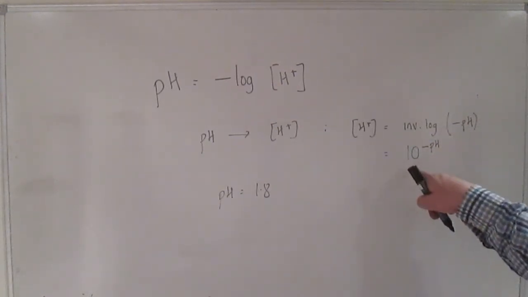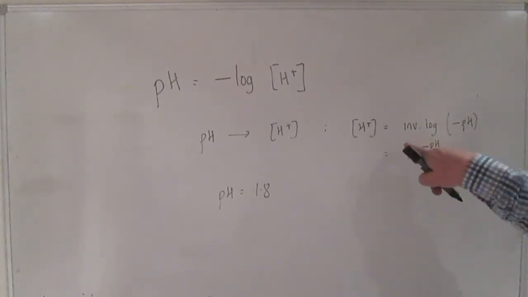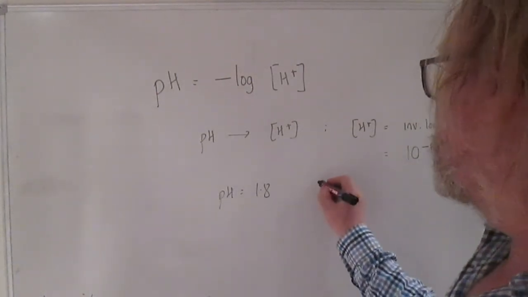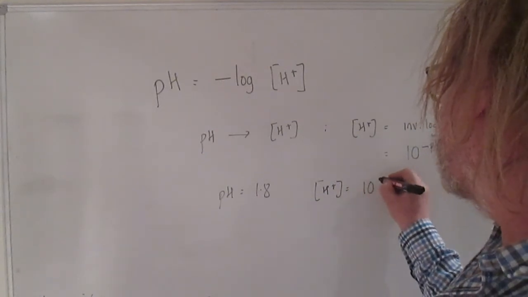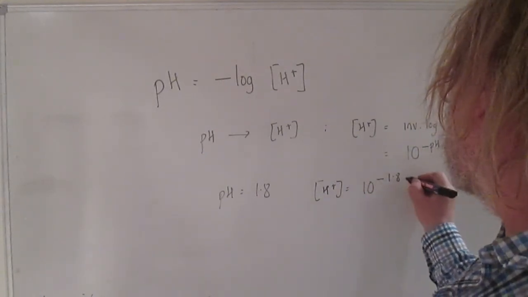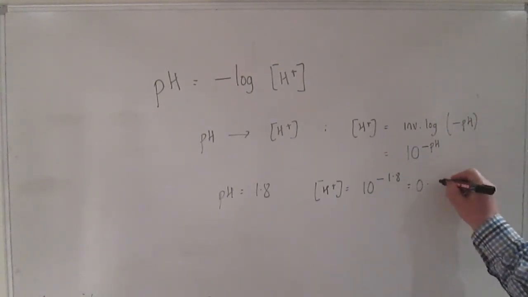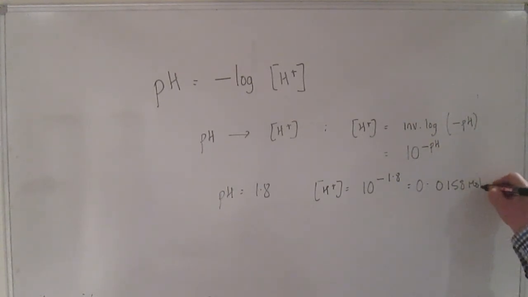Obviously you could do it as 10 to the power like that, and that would also give you the same number, but usually the inverse of the log function takes you directly to that, which just saves you a few keystrokes. So try pH is 1.8. That means that H plus is equal to 10 to the power minus 1.8. And if you try that, you should get 0.0158 moles per dm cubed.